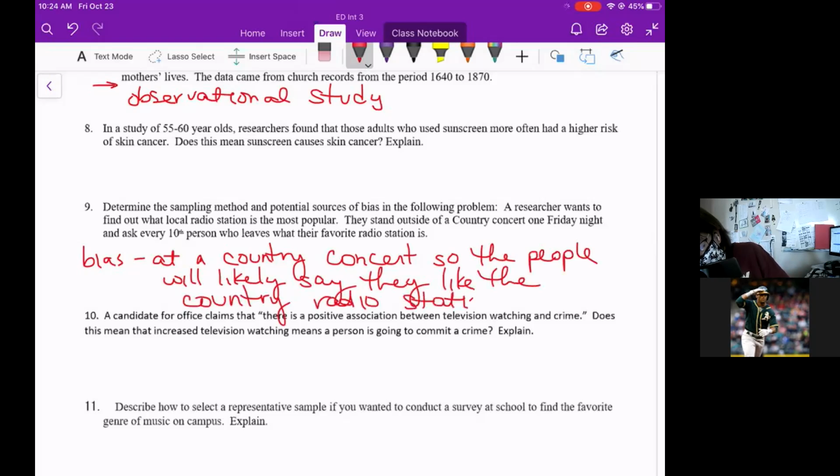Okay. So this could be convenience, or with a little bit of random in there.